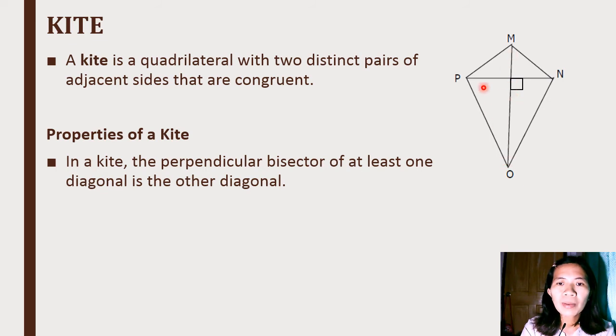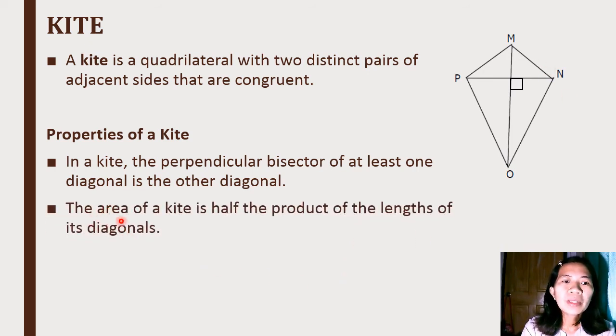Segment NP is divided into two equal measures, so it is a perpendicular bisector. This one is the bisector of NP, so this diagonal NP is bisected into equal measures. But segment MO is not bisected. Only one diagonal bisects.